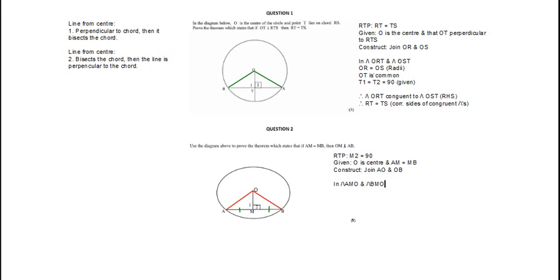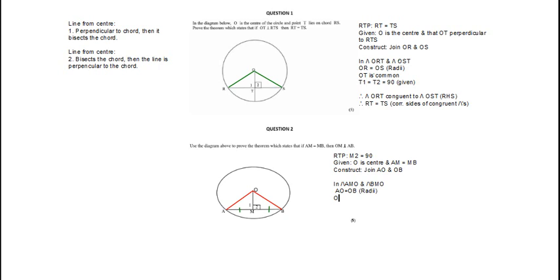So in both those two triangles, AMO and BMO, I am going to have AO is equal to BO. These are my radii.